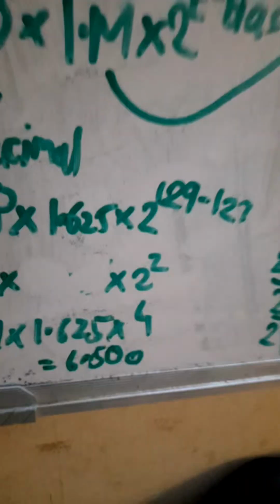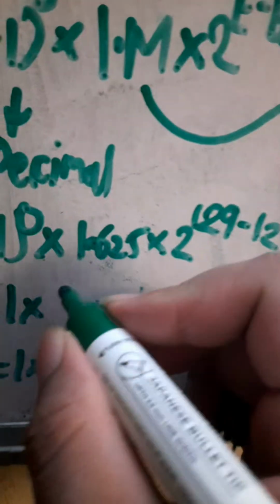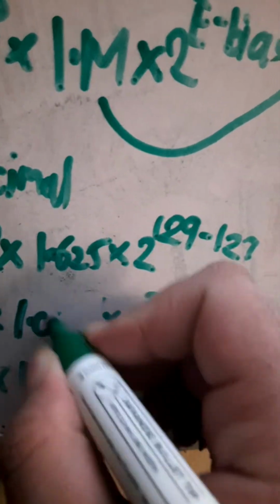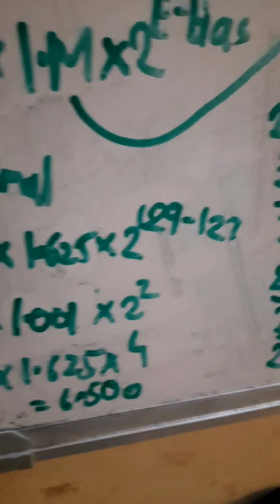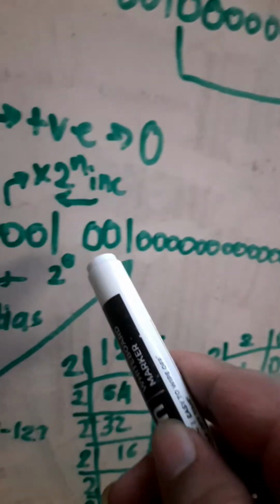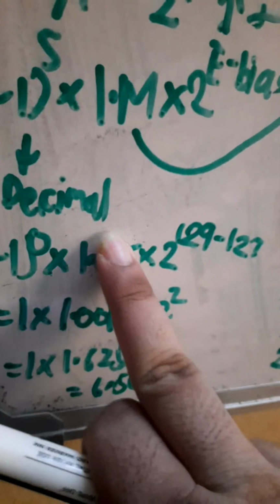What I have to do is 1.001. Okay, this is 1.001, which we got from here. We ignored all the zeros, got 0 0 1, and this is 1 point format. So 1 point, our mantissa we put in here.